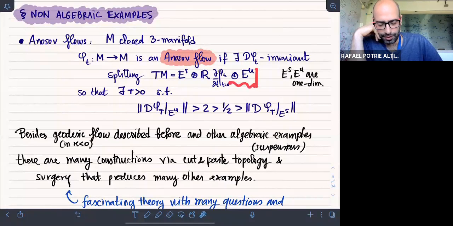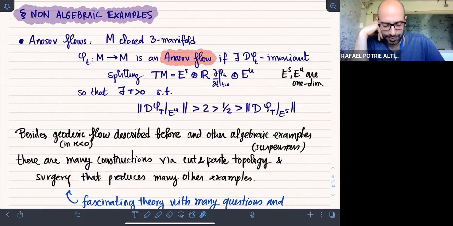It's a property which is very similar to the partially hyperbolic property. It involves the differential of the flow preserving a splitting in the tangent bundle into one-dimensional subbundles, which has some contraction and expansion properties.